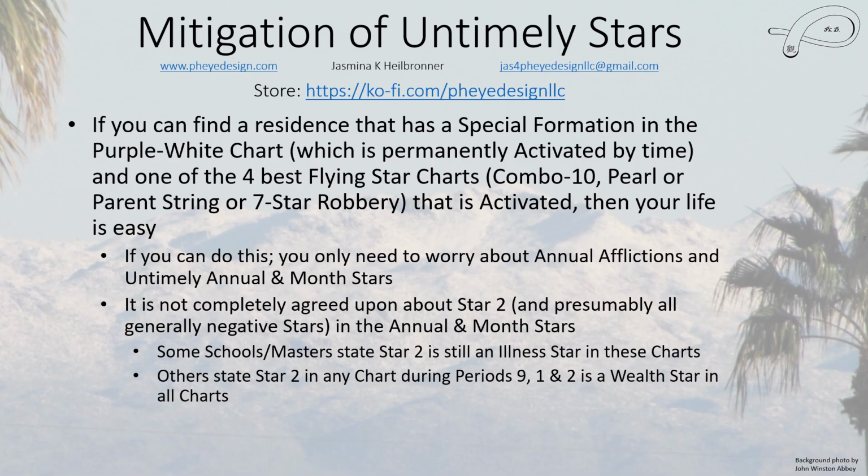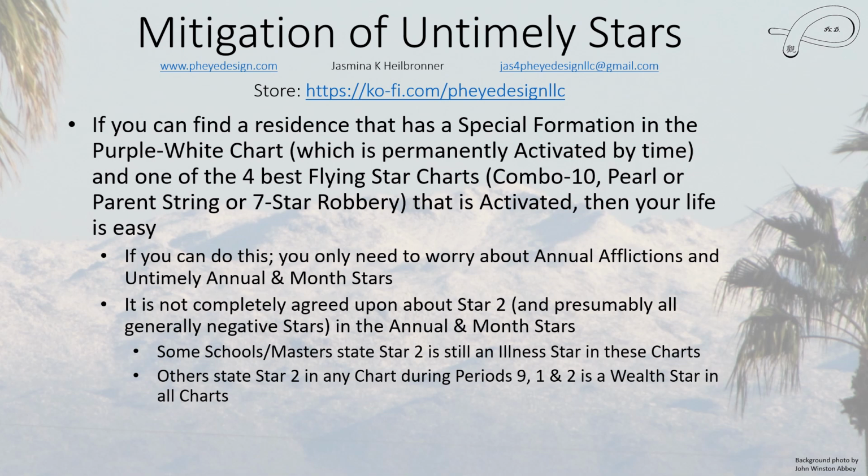Other schools and other masters, of course, state that star 2 is a wealth star in all charts. And this is the one I agree with because it's the one that makes sense. The strictest statement of what is timely is the current period and the next 2. So why wouldn't it be timely in the annual month stars? It doesn't make sense to me.